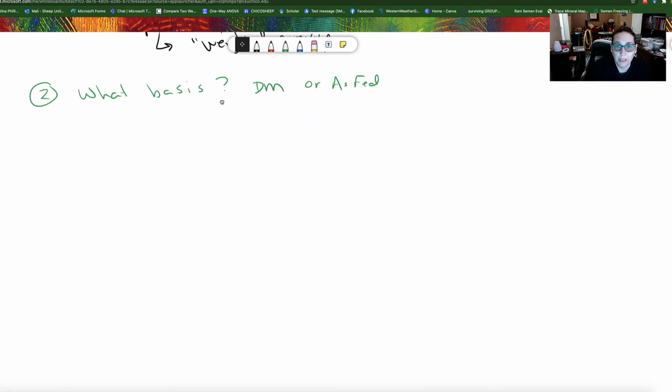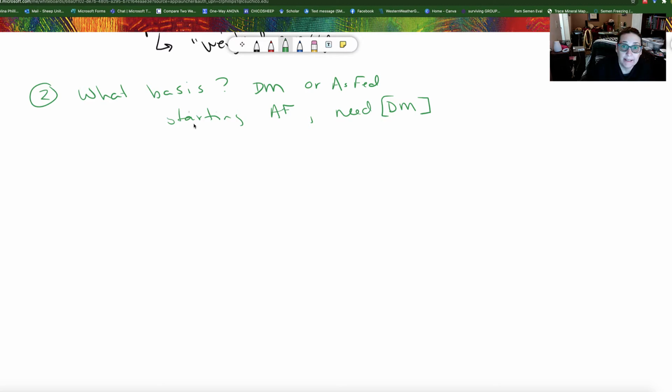So now we know that we are starting in as fed, but we're going to need dry matter nutrient concentration. So I'm going to use the symbol for concentration. That just helps me to clarify in my mind what we're going to be doing.